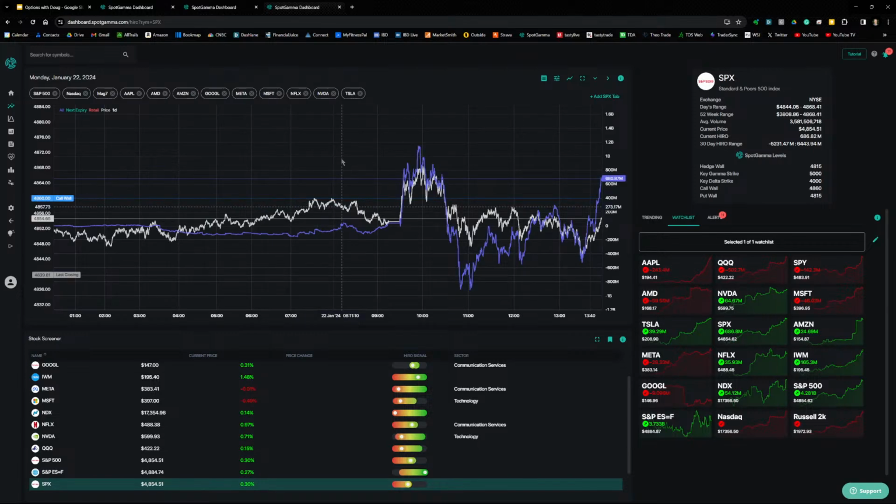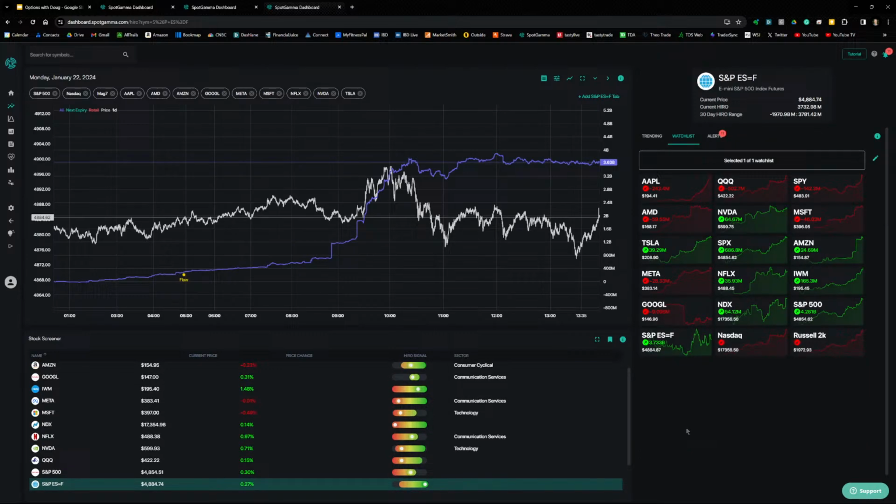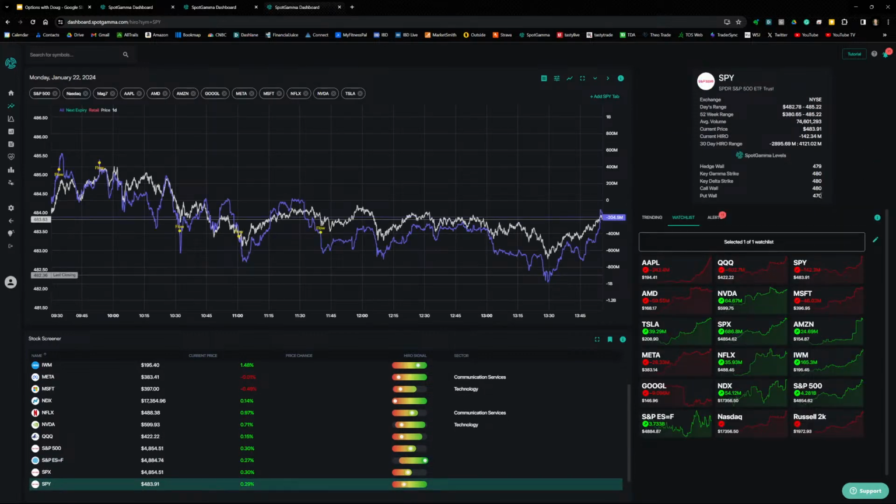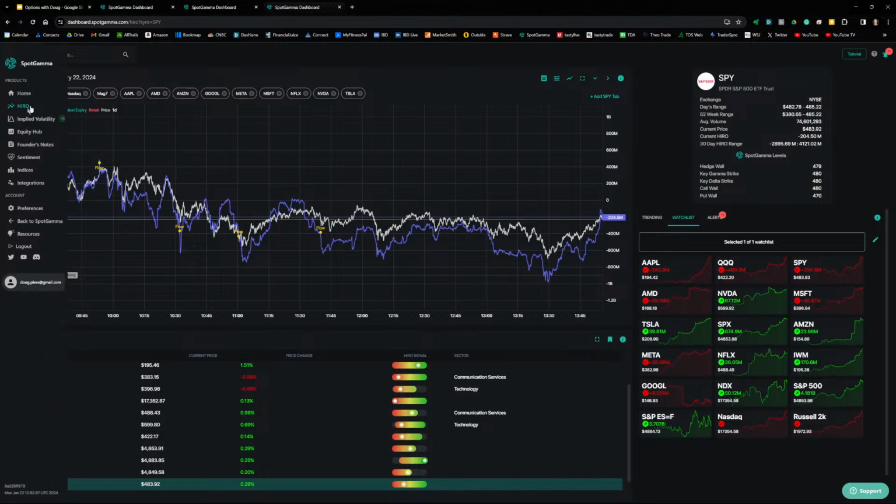SPX options and ES options do trade before the cash open. Now SPY options, which is another component of this combined signal, begin trading at 9:30 a.m. Eastern Time. So let's go back to the combined signal now.